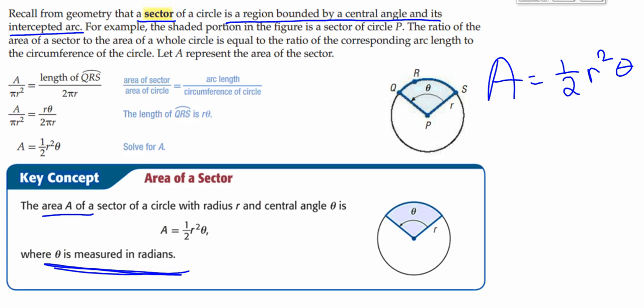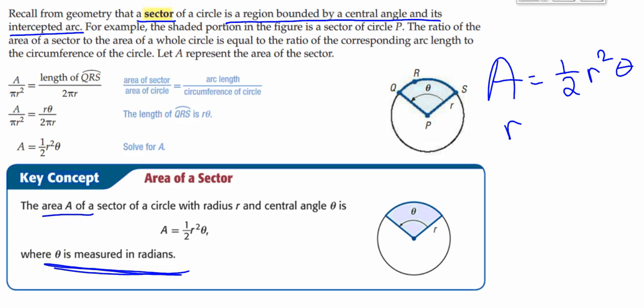It's kind of that ratio idea and setting up a proportion. The area of the sector over the area of the circle is equal to the same ratio as the arc length to the circumference. And so when we put in the formulas that we know for those things, we can get this.